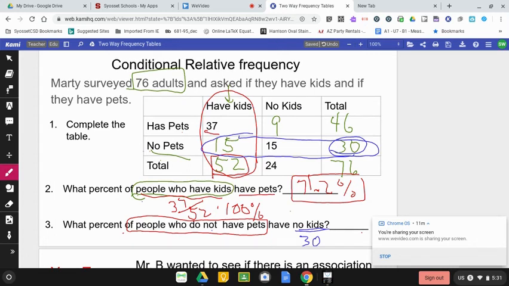Let's focus in on that row only. People that do not have kids, there's 15. So 15 will be my numerator. 15 divided by 30, multiply that by 100. No rounding necessary. You'll get an even 50%.